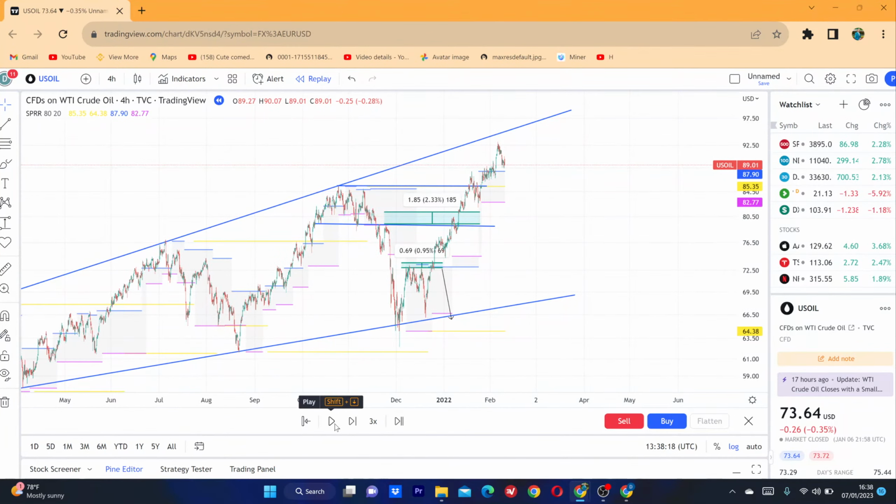We have this highest point over here. Sometimes the market cannot reach the exact point, and sometimes it reaches a certain point and reverses back. But when it has that point, you can have your region of entry. It's not that you have the exact place you're going to enter, but you have that region of entry.